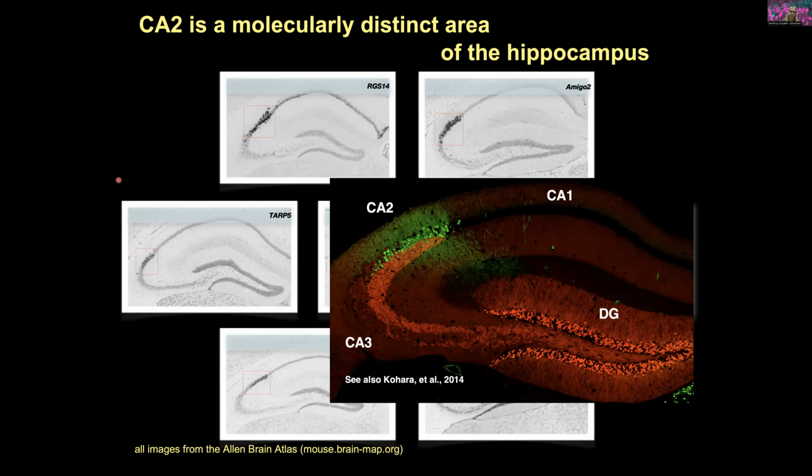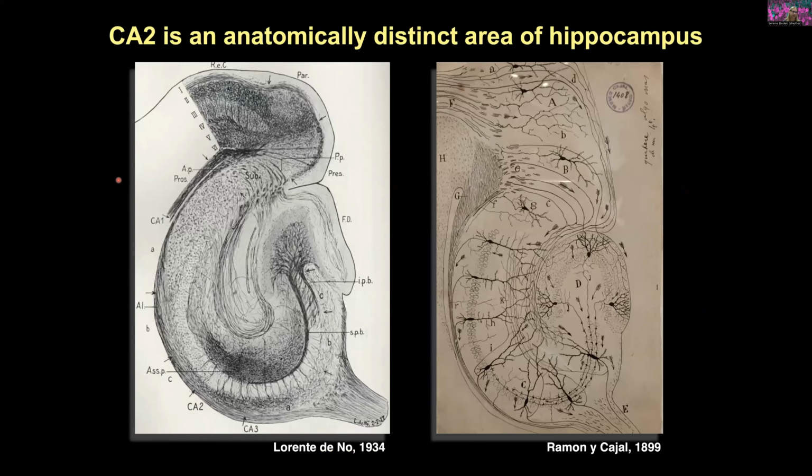What became evident with some of these tools, as soon as people started double staining with the mossy fibers, like what Kohara had published, went at odds with the classical definition by Lorente de Nó. So by definition, CA2 was the part of the hippocampus where, if you can see my cursor, the mossy fibers end, before we get into the small neurons of CA1. And that obviously didn't match up. And so really, was that CA2?